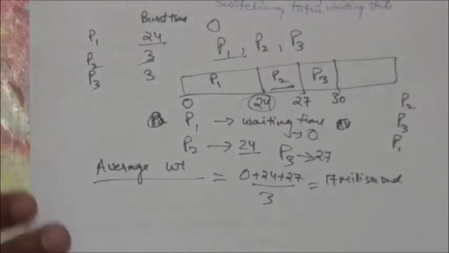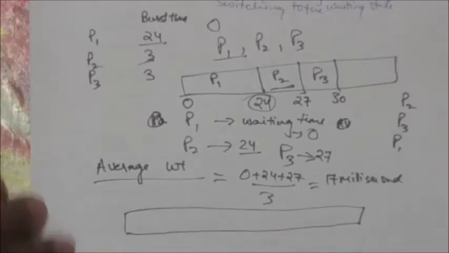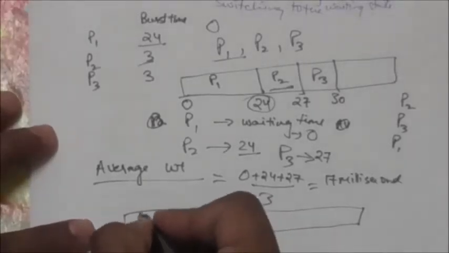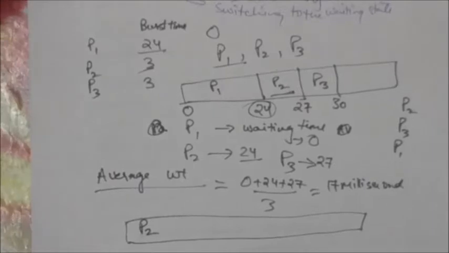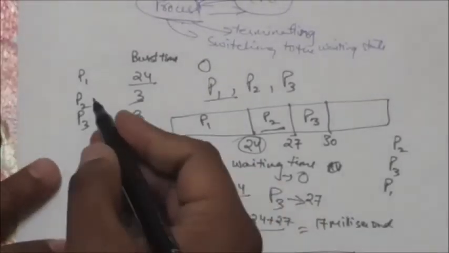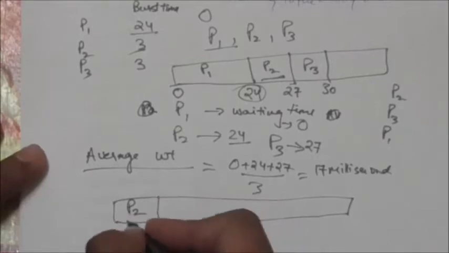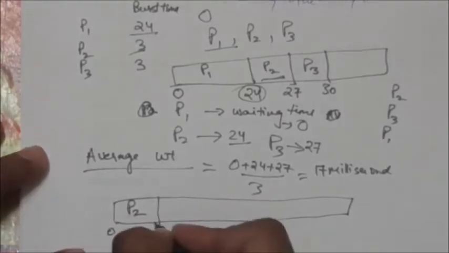At time 0, the CPU is allocated to process P2. The burst time of process P2 is 3 milliseconds, so up to 3 milliseconds the CPU is allocated to process P2.